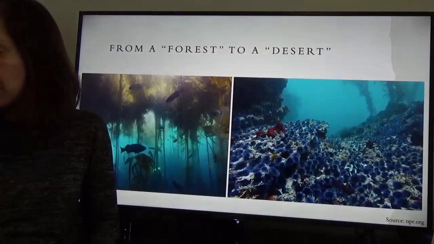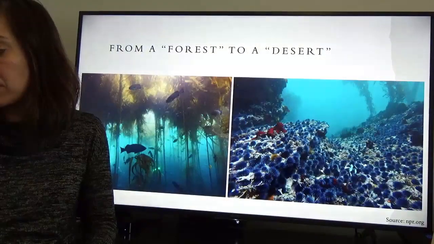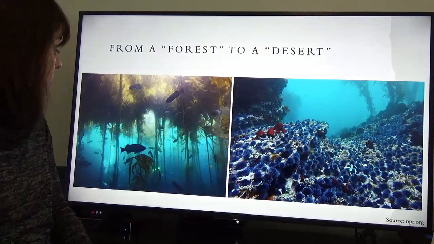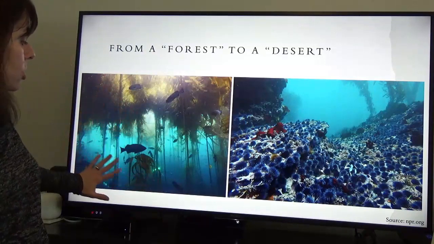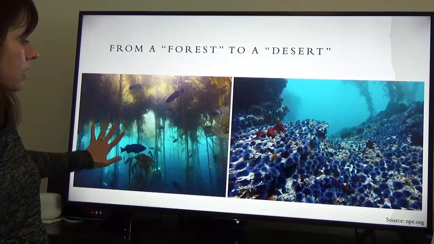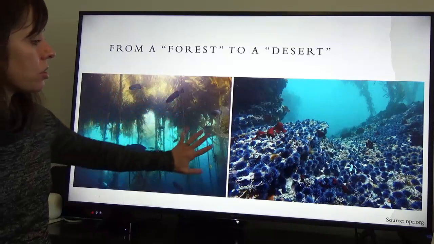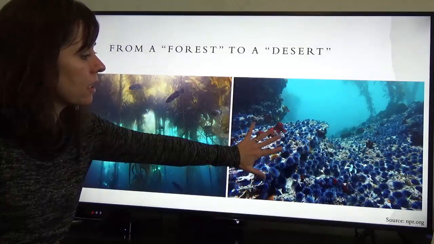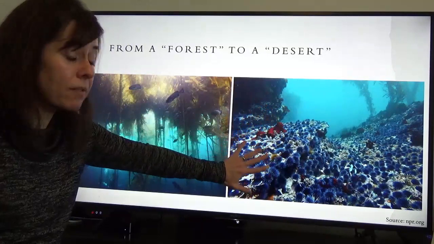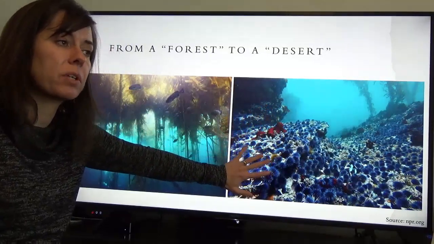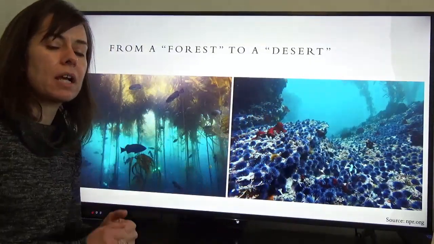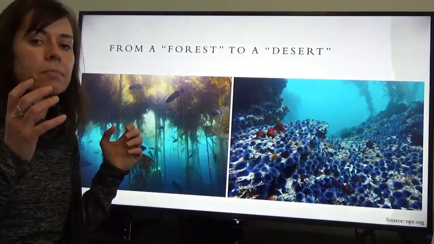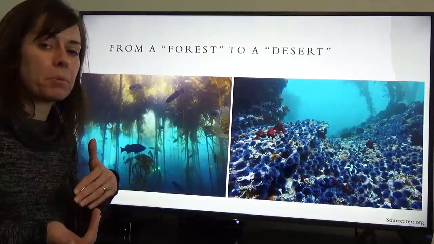And in all cases, this was what it looked like. Moving from these gorgeous kelp forests that support all of this life to these kind of desolate barren lands that are covered in these sea urchins. And if you recall from our first couple of slides, the removal of sea urchins helped to promote the recovery of kelp.